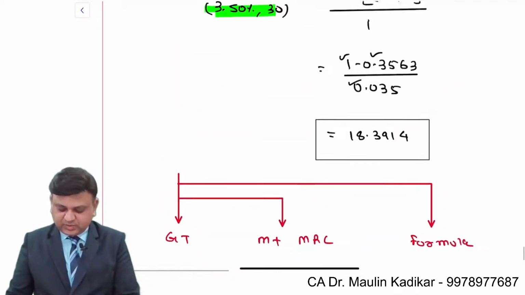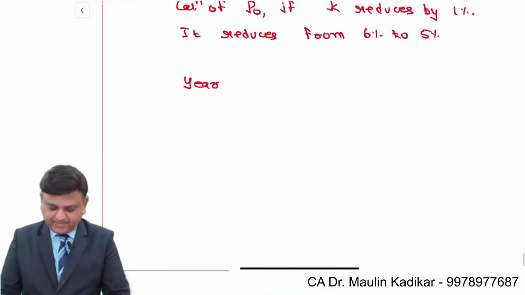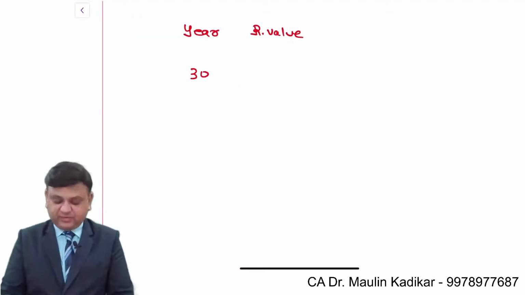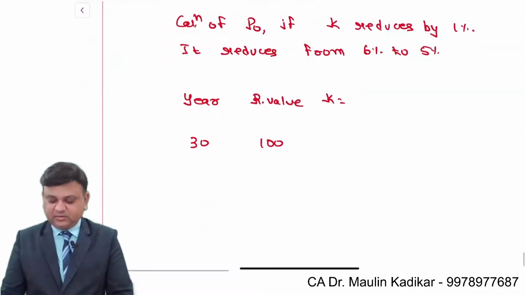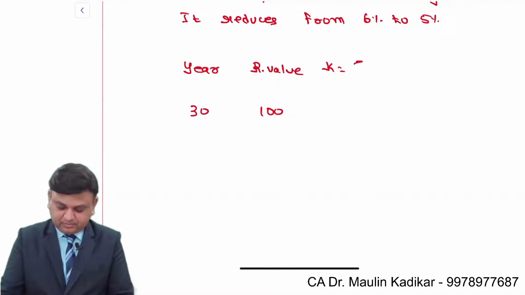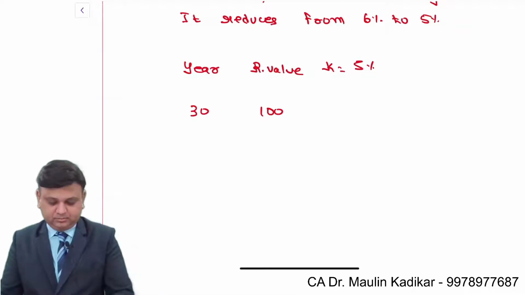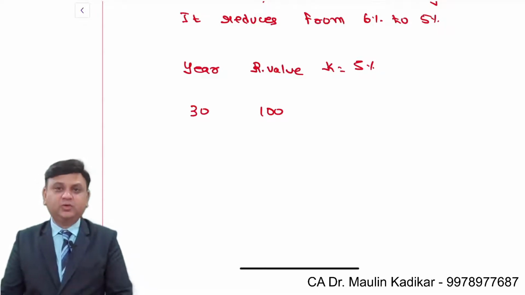So once again we will take directly 30th year. So in the year column 30, redemption value is 100. Discounting rate is 5%. So in that case, it is 0.2314.